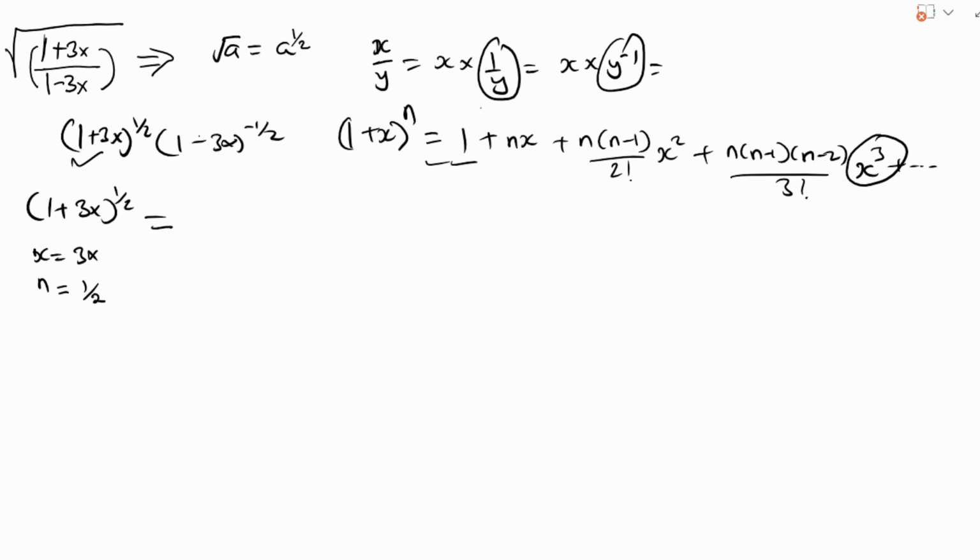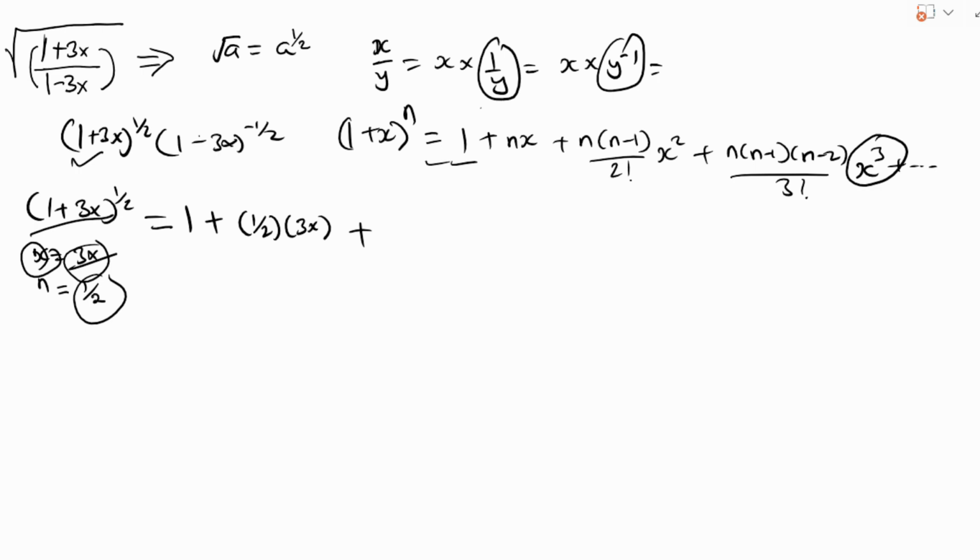Okay, now we are just going to substitute for these values, so that this expansion of (1 plus 3x) power half is going to be, you start with 1 and then add n, which is a half, times x, which is 3x. We said you are going to pick the value of x as 3x.